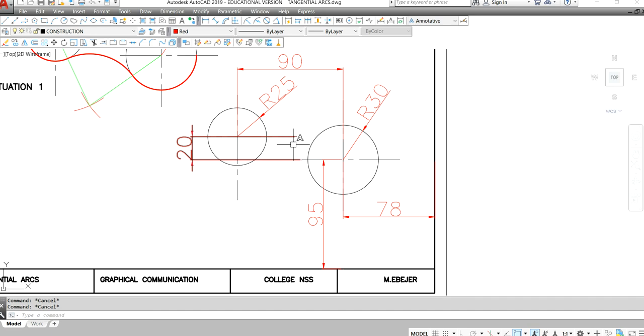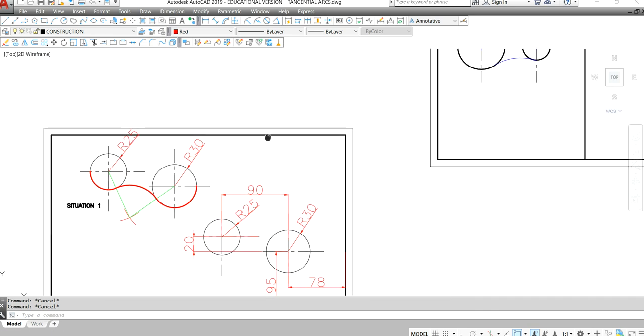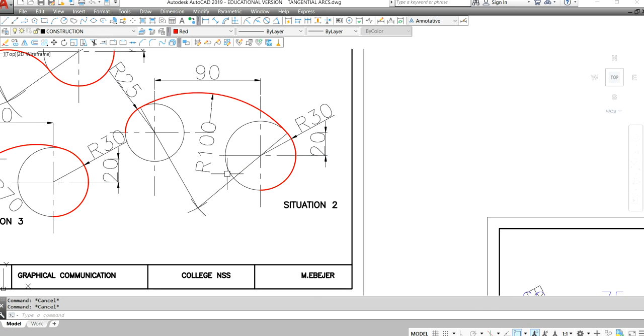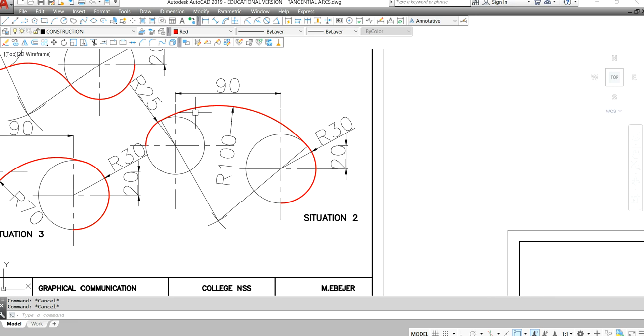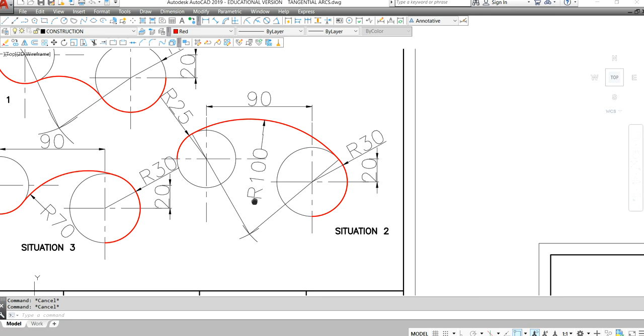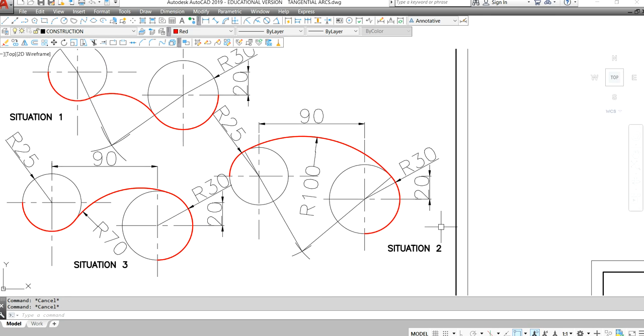Okay. In this situation, I can show you the result over here, and I'm gonna show you how we're gonna work it out. I need to place this arc, which is 100 radius. The difference of situation 2 from situation 1 is that the radius 100 is not on the outside, but it is including the 25 and the 30 inside the 100.